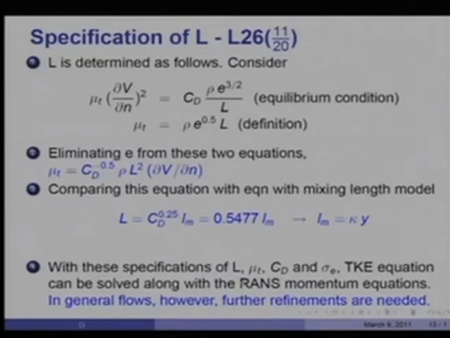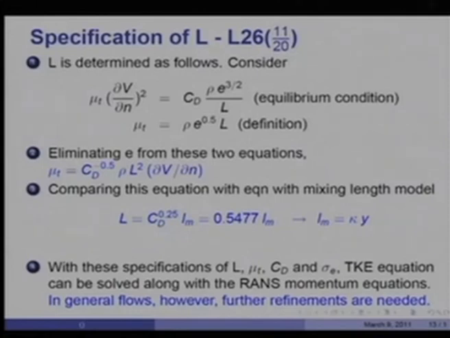With these specifications, L, mu t, C d and sigma epsilon, turbulent kinetic energy is solved along with the RANS equations, and in general flows, however, further refinements become necessary, and in the next slide we will show you why this is so.